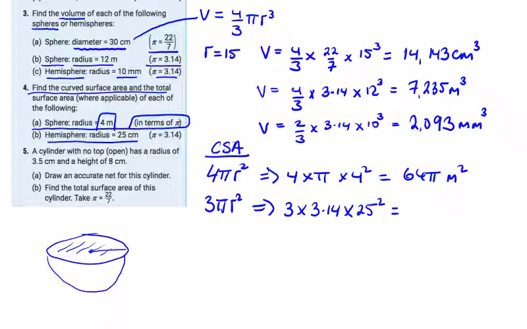This is centimeters. 3 by 3.14, which is giving me 5887.5. Actually, so we'll round it off to 5888. It's a nice round number. 5888, and we were dealing with centimeters squared.